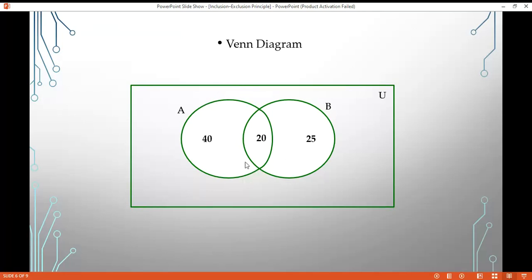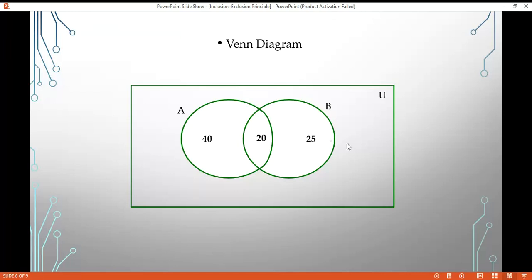So out of the total 60 we subtract 20 to get 40, and from the total 45 we subtract 20 to get 25.